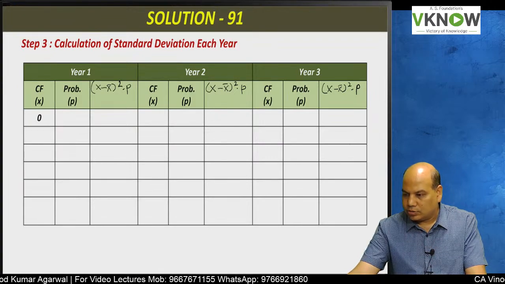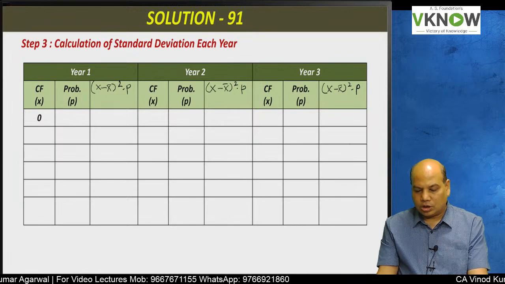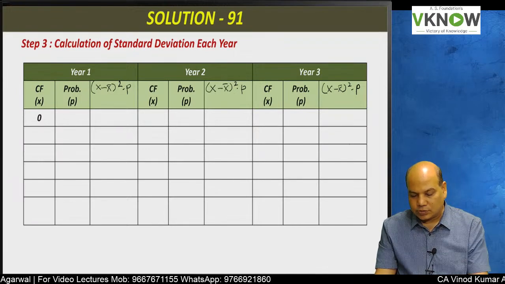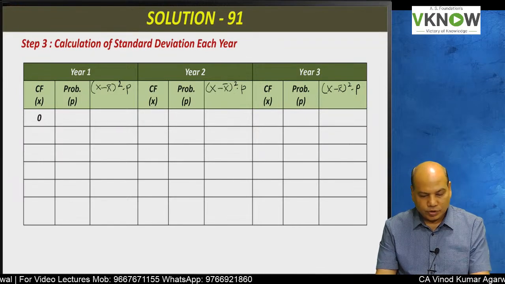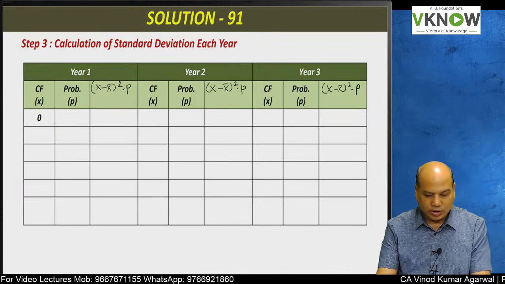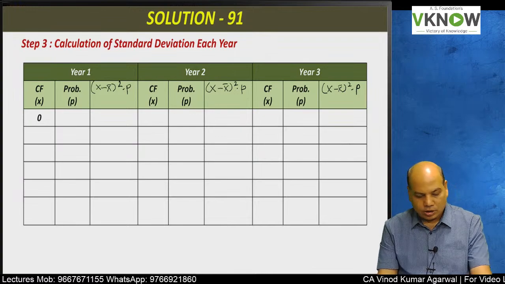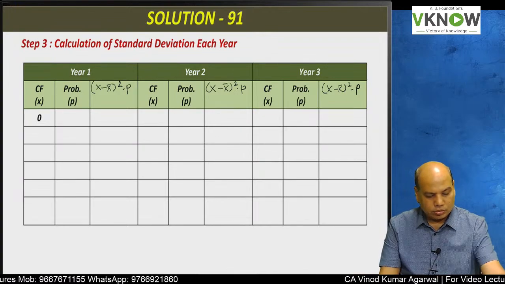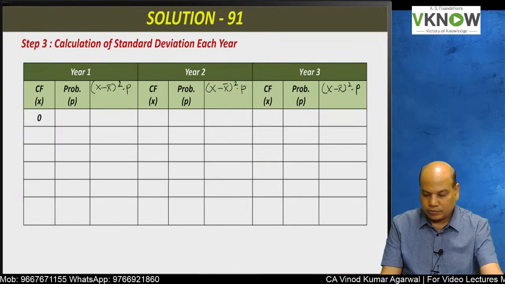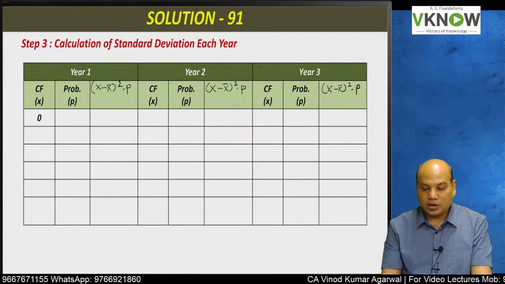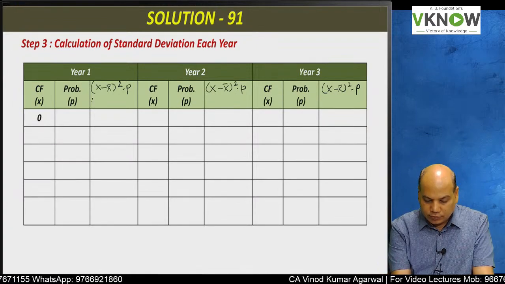Year 2, 3 columns: cash flow, probability, (x minus x bar) square into probability. Year 3, 3 columns: cash flow, probability, (x minus x bar) square into probability.